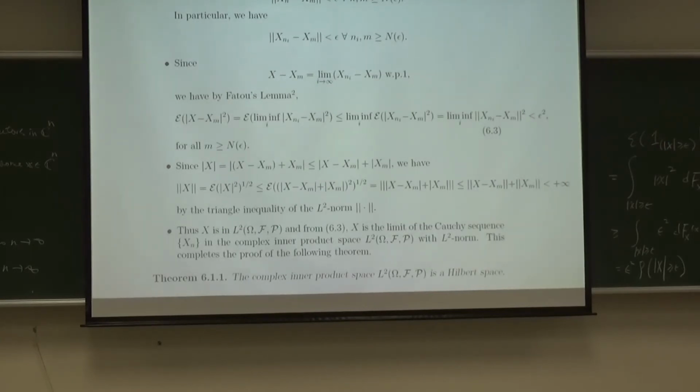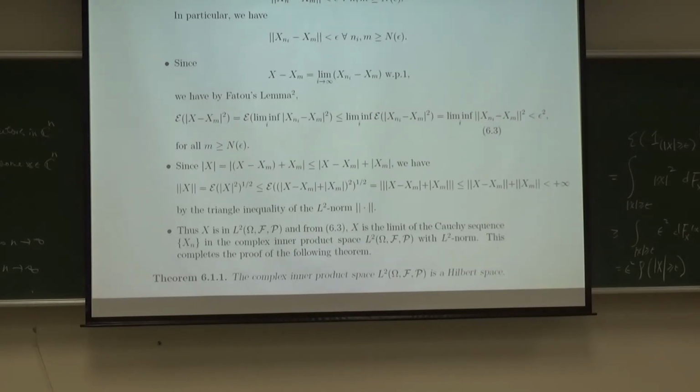I think this is a repeated part from the previous one, but anyway, this shows again that x is also in L2. And we know the distance between x and xm is as small as possible, so xm, the original sequence, converges to x.